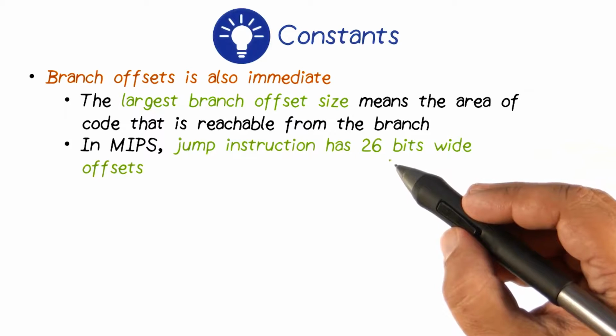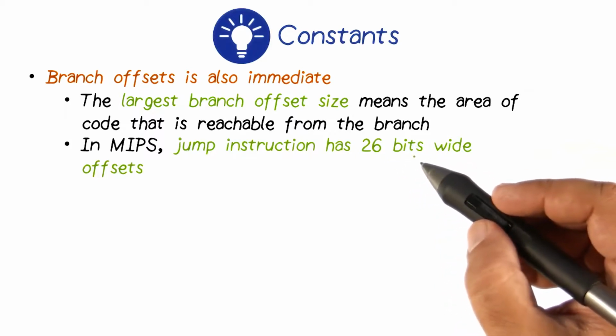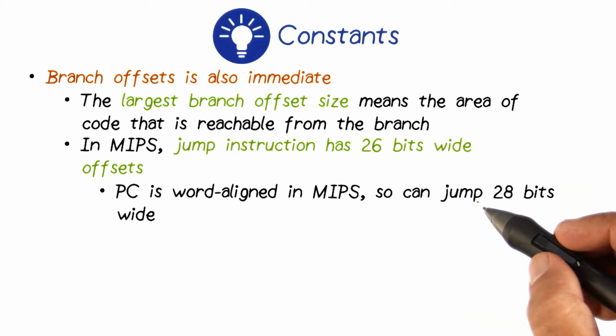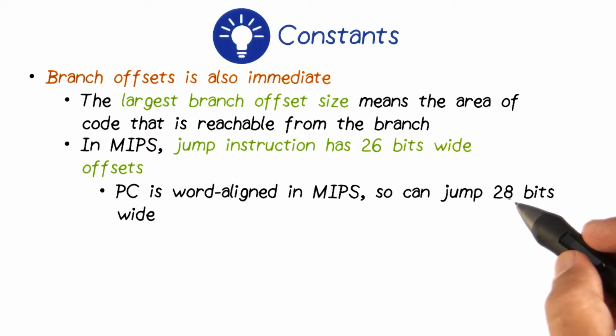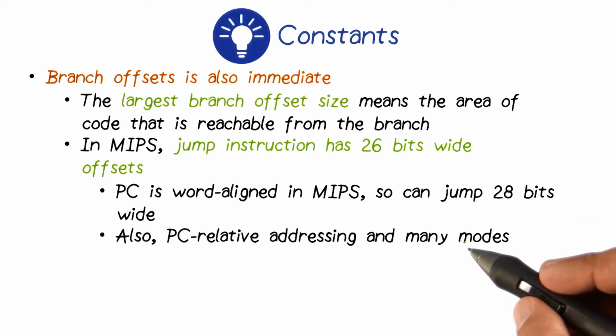For example, in MIPS, the jump instruction has a 26-bit wide offset that allows you to span an address of 2 to the power 26 as a value. In fact, the PC is word aligned in MIPS, which means that you can jump to a word aligned location, and you can jump 28 bits. Also, MIPS has PC relative addressing and many other modes.